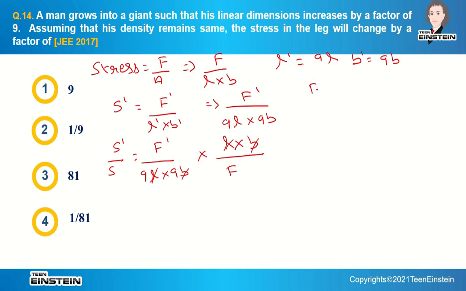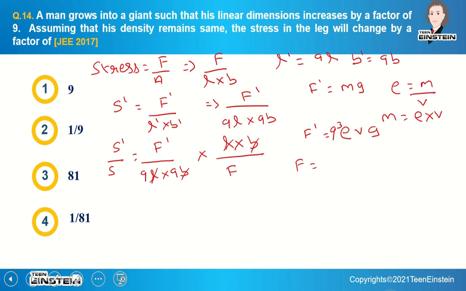Now the force, you all know, F dash is equal to mg. Density is mass per unit volume, or mass is density into volume. So F dash equals rho V g, and since it varies by a factor of 9, the volume will be 9 cube, so F dash is 9 cube rho V g. Similarly F will be rho V g.